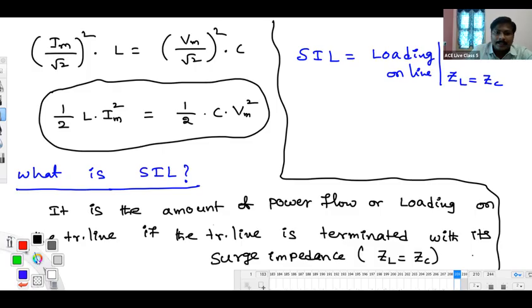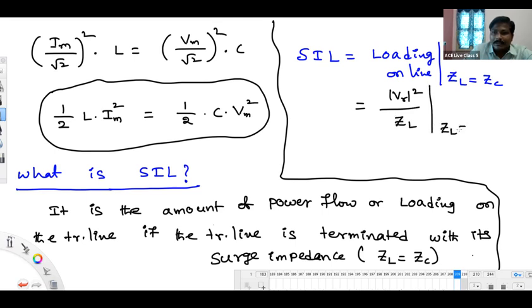And what is the loading on the transmission line formula? We have mod VR square by ZL, and this we should get by keeping ZL equal to ZC.